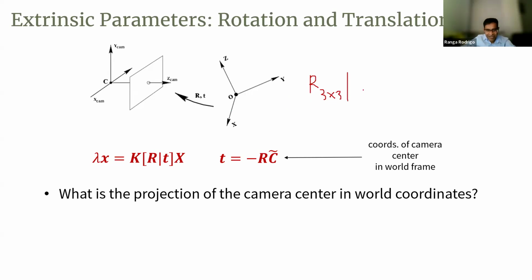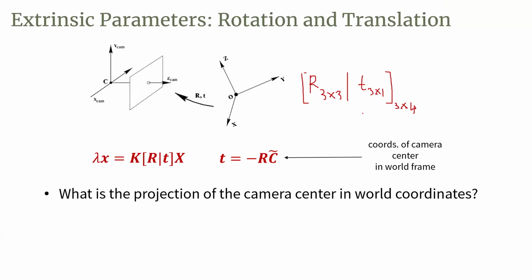Then we draw just a line, and then T is a 3 by 1 matrix. So you can see R is 3 by 3, and this is 3 by 1. So altogether it has 3 rows and 4 columns. So we are just showing that it's a combination of these two quantities. Thank you, sir. Yeah, thank you very much for that question.